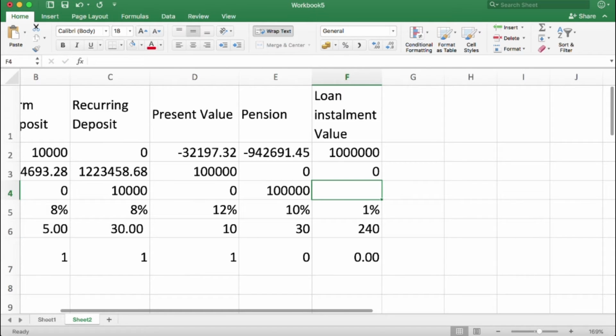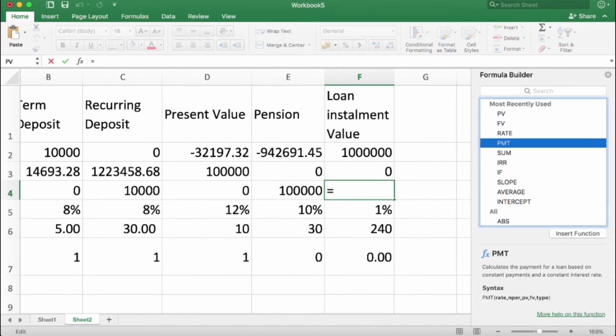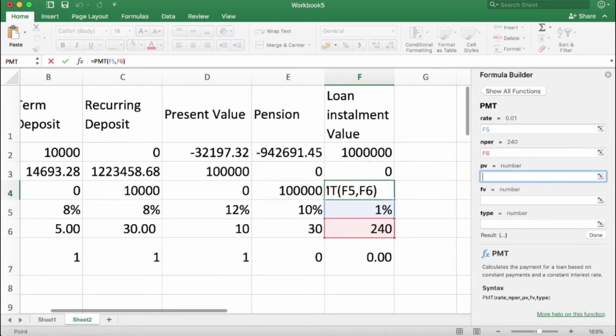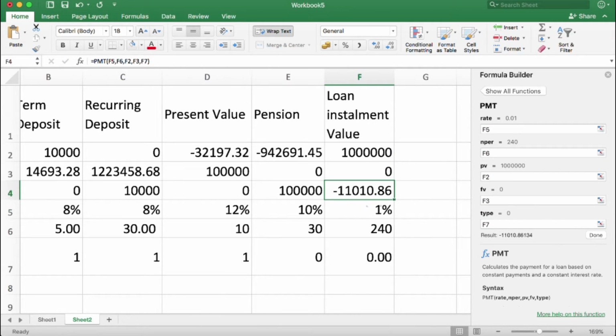Let's invoke a function. We need to find out the PMT value, that is the missing value in this template. Let's take PMT and insert the function. And let's put the numbers here. Rate is 1%. NPER is 240 months. PV is 1 million. FV is 0. Type is 0. We got a value of 11,010.86.